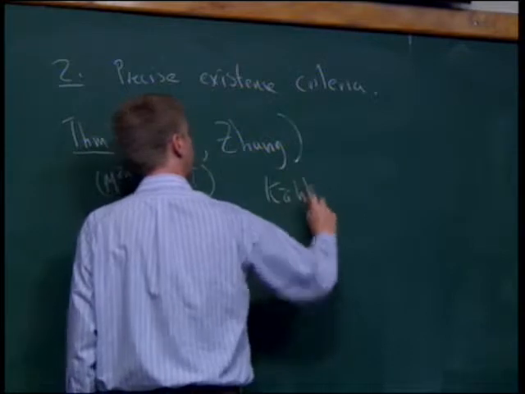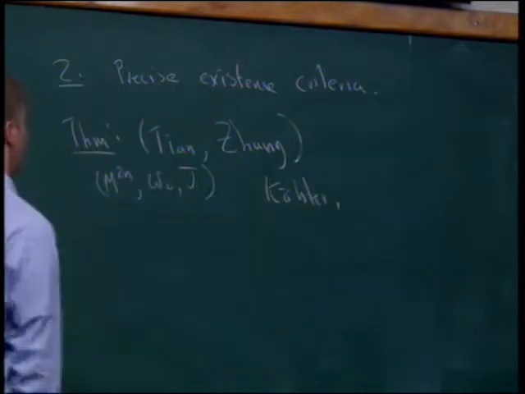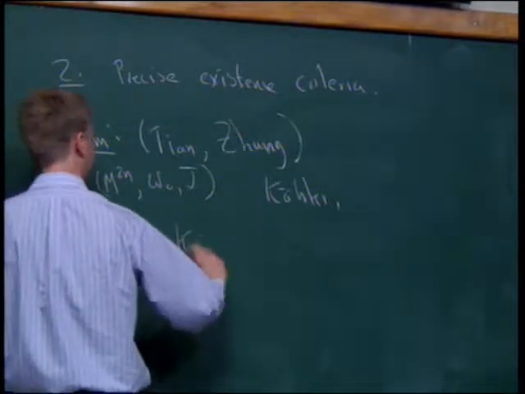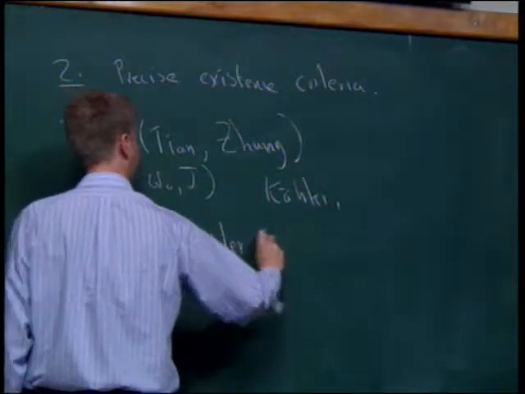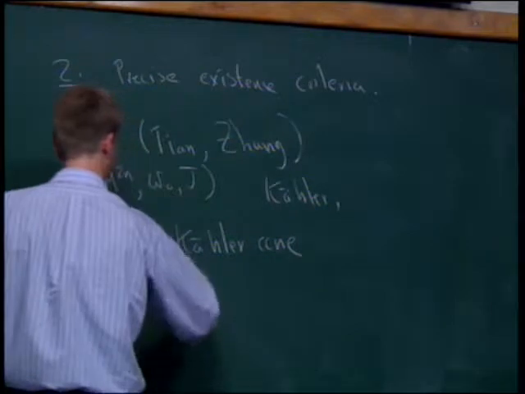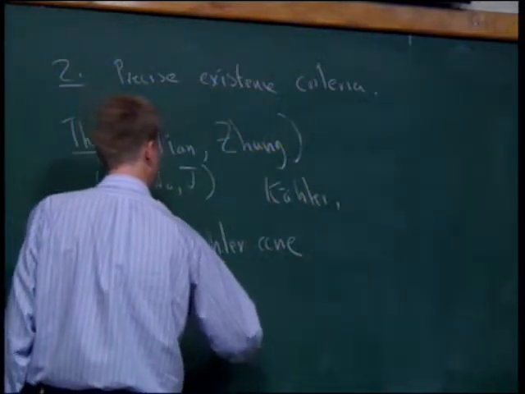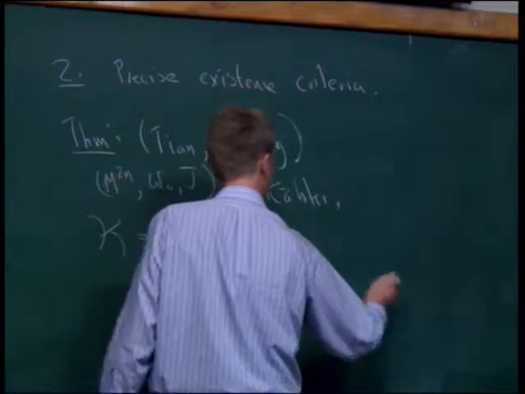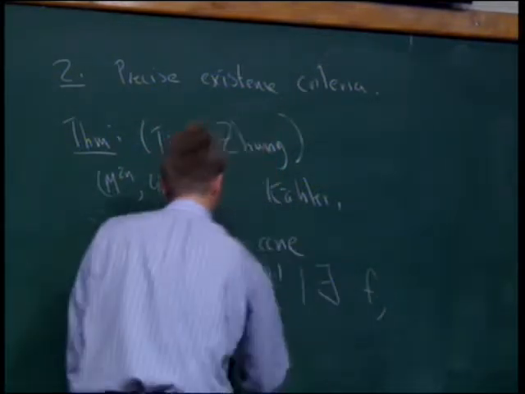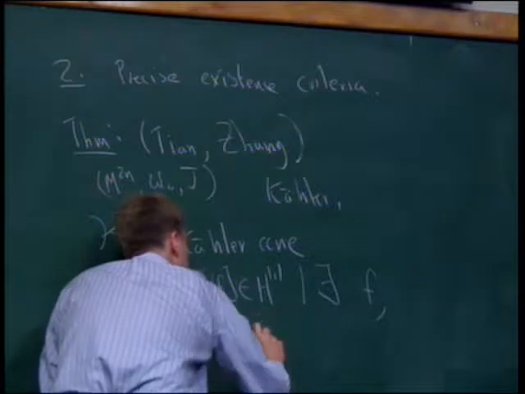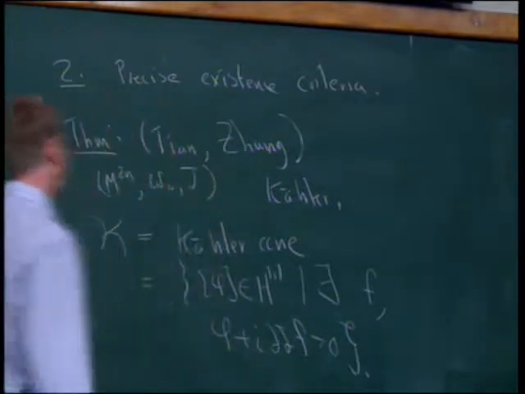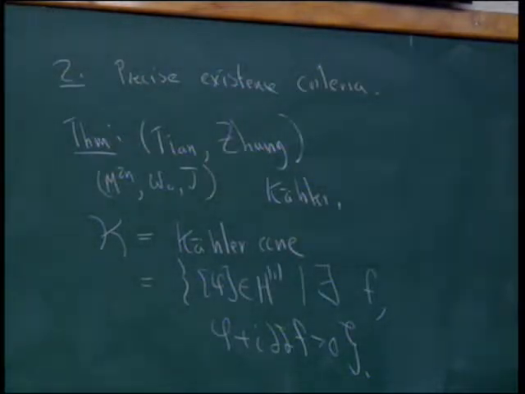So this is Kähler, and we let script K be the Kähler cone, which is the set of classes in H^{1,1} such that there exists phi plus i dd bar f positive. So it's just classes which admit Kähler metrics.